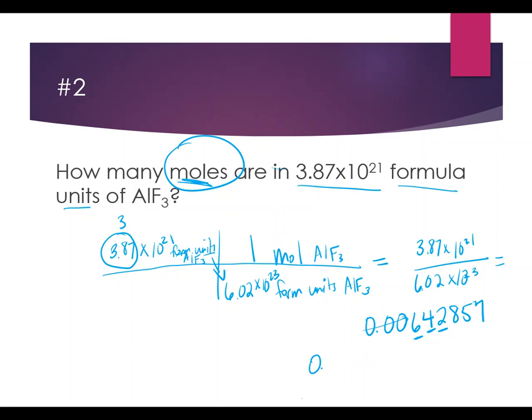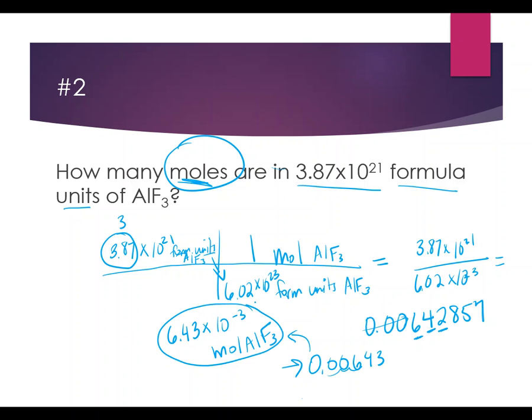So this one, 0.00643. Now, this is quite a long number, so I'm going to change that over to scientific notation. Make it 6.43 times 10 to the negative third moles of AlF3. And that would be my final answer. And that's what we got there.